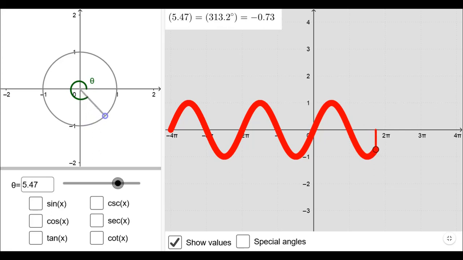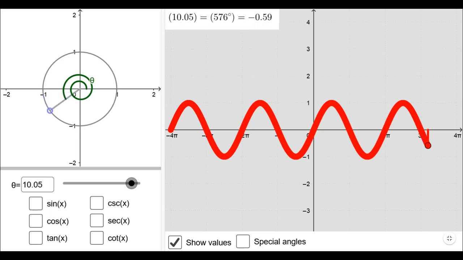And again at 2 pi, sin x is 0. Anyhow, sin x takes values between minus 1 to plus 1.